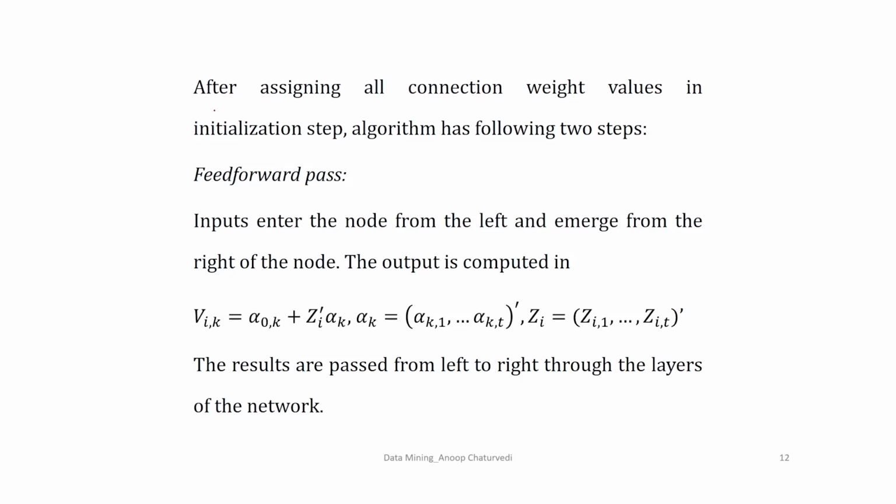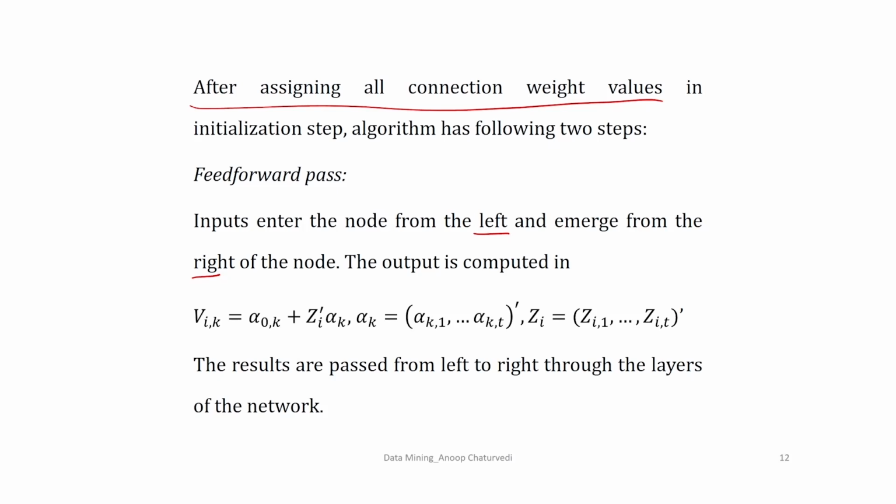So, after assigning all the connection weight values in the initialization step, the algorithm has the following two steps. First one is the feed forward pass. Inputs enter the node from the left and emerge from the right of the node.